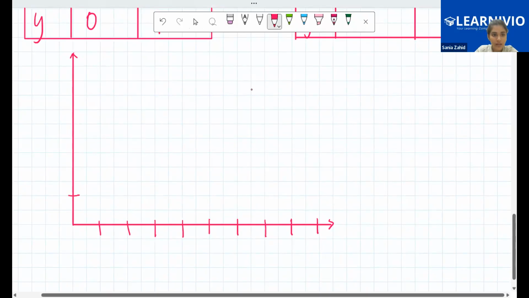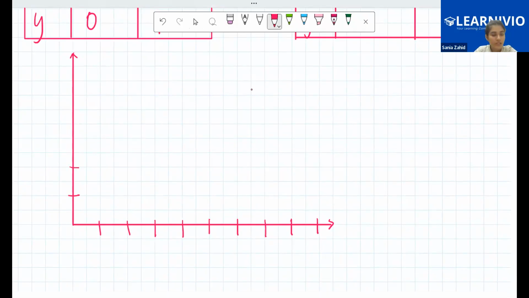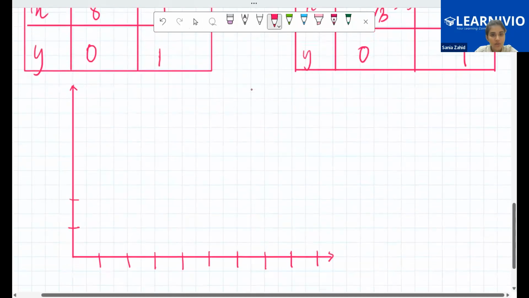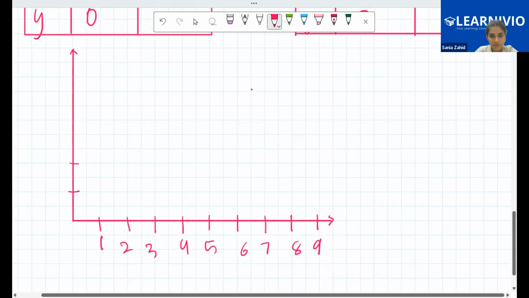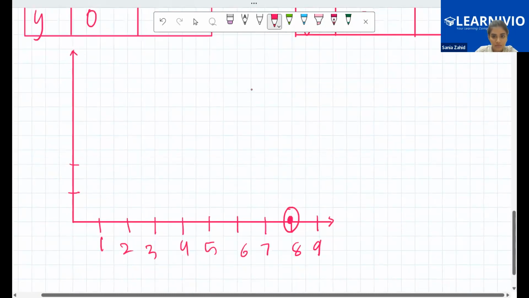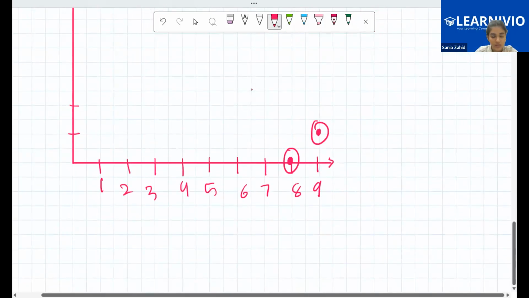So we have 1 and 2. So we can draw it like 8, 9. 5.3 and 6.3.